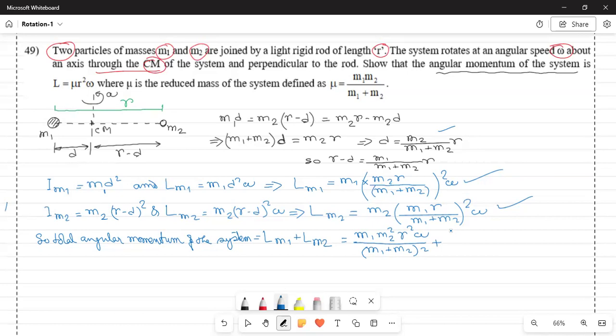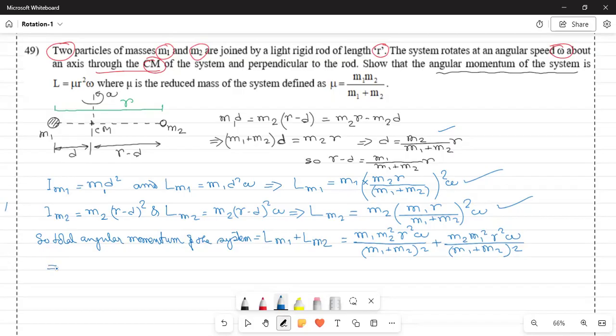Plus the next one is also M2 M1 square r square omega divided by M1 plus M2 whole square.